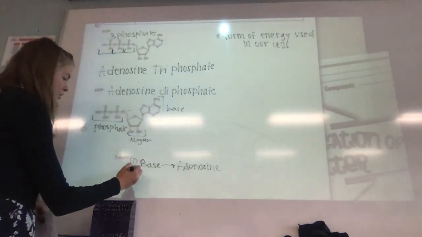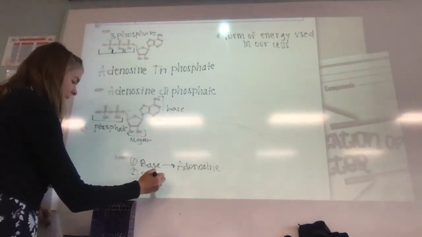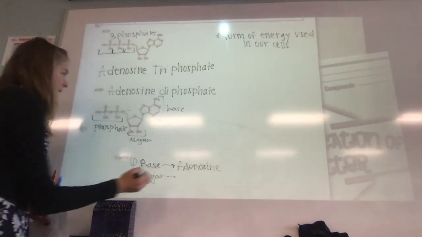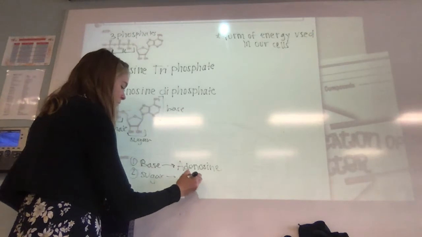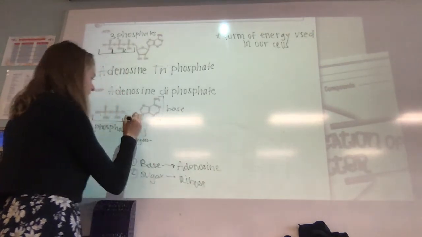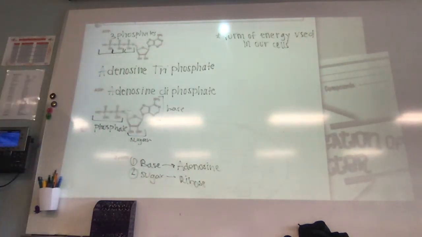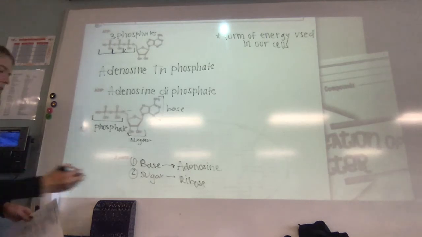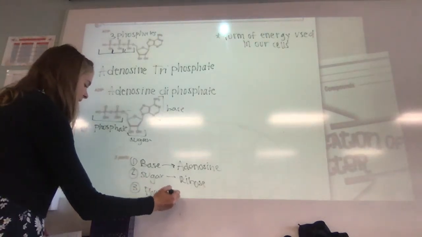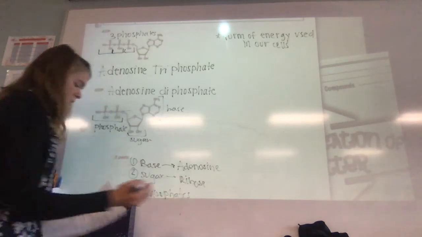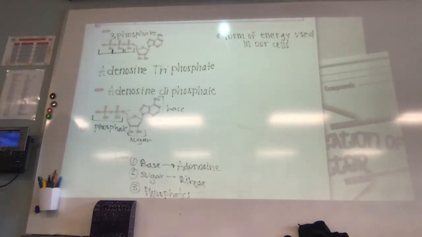We also have a sugar molecule, and the sugar used in this molecule is called ribose. So this is a ribose sugar. And then lastly, we have phosphates, and the number of phosphates depends on if it's ATP or ADP.